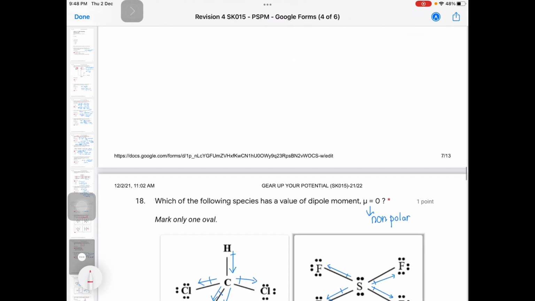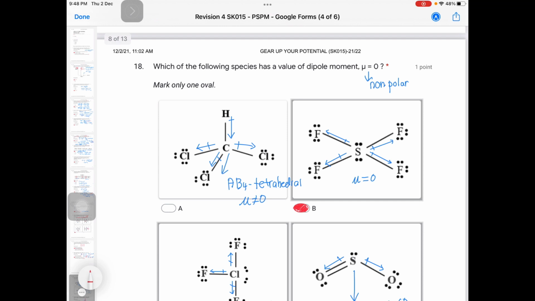Next, question number 15. Which of the following species has a value of dipole moment equal to 0? Equal to 0 means that it is non-polar. If it is non-polar, we look, there is cancellation. So this one has no cancellation.